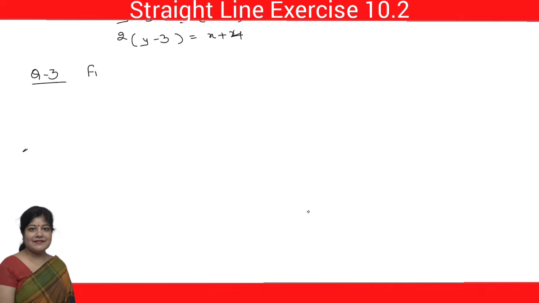We have to find the equation of line passing through the point 0, 0. What is the other name of 0, 0? It is called the origin. Origin means 0, 0, with slope m.